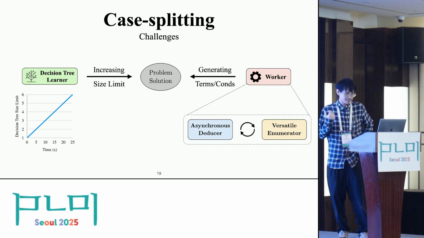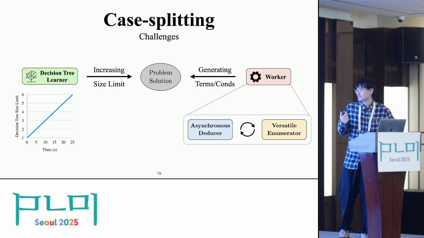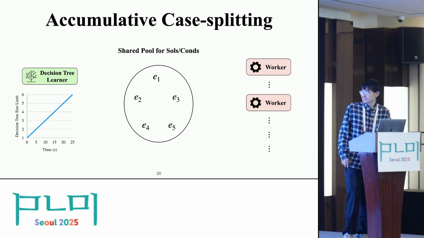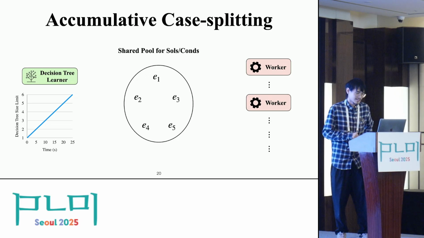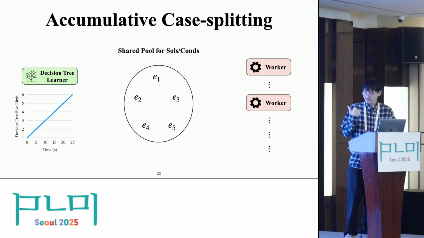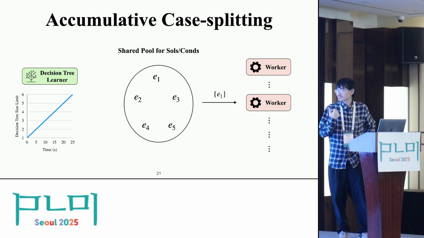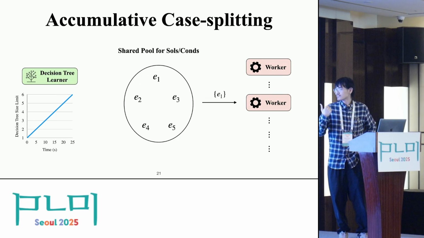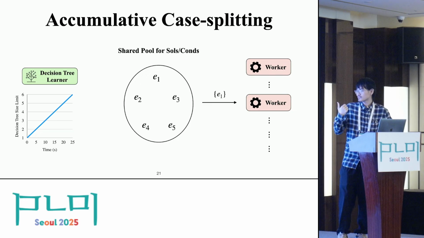And the worker, as I mentioned before, is a pair of deducer and enumerator. We also need a pool to share the conditions and solutions to learn the decision tree. Let's look at an example for this. It first asks the worker if it can try to solve this example.